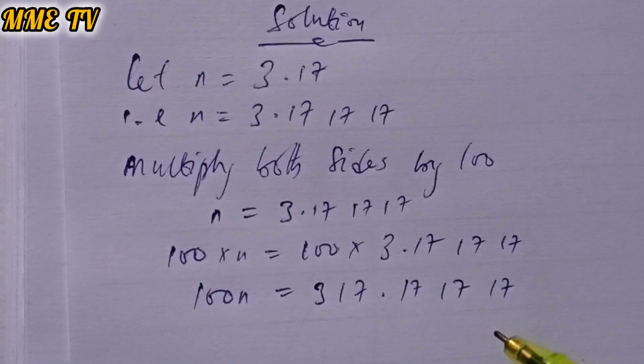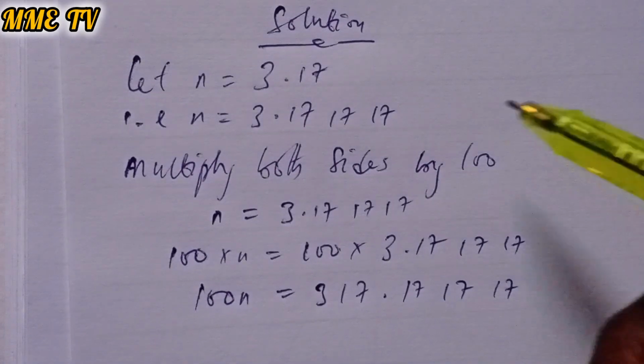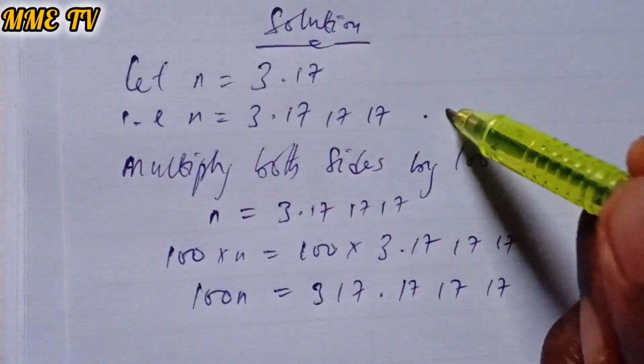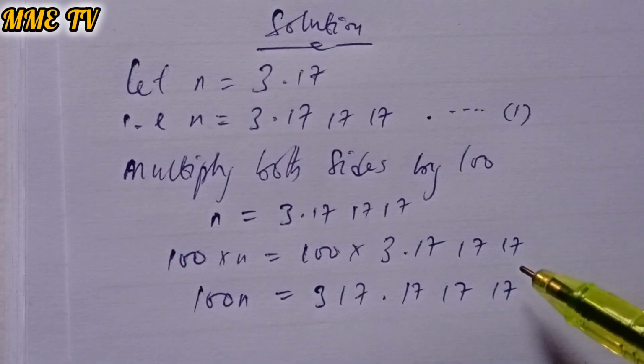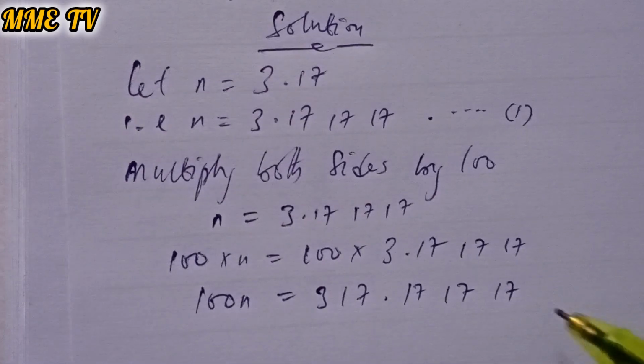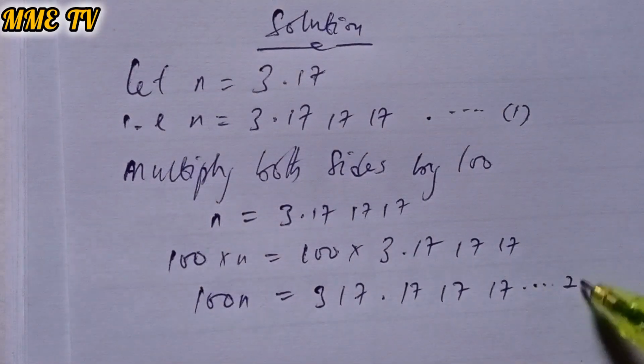You are going to subtract. I will call this here my equation 1. And then secondly, after I have multiplied it, my equation 2.